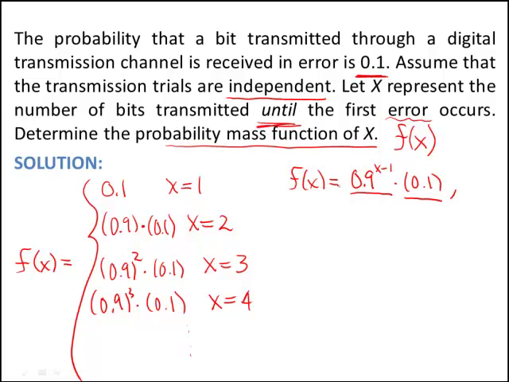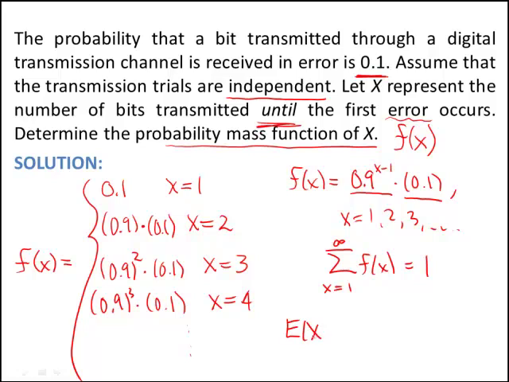This function is defined for X equals 1, 2, 3, and it continues on to infinity. If we sum f of x over the support, x equals 1 to infinity, we will indeed get 1, making it a valid probability mass function.